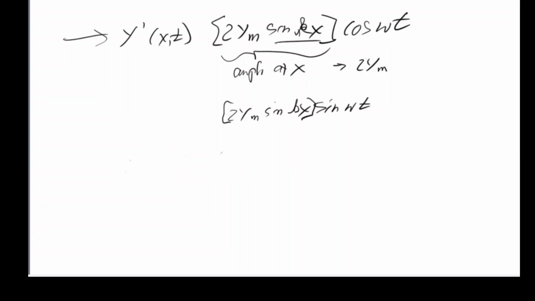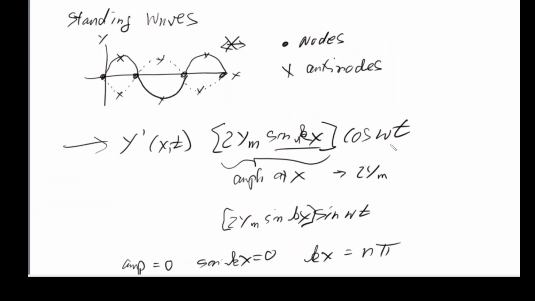In a standing wave, the amplitude of the standing wave varies with x. And the amplitude of a standing wave equals 0 whenever the sine of kx is equal to 0. And that occurs when kx is any integer number of pi, or half a wavelength. And to go back up to the diagram, you have a node at every half wavelength.